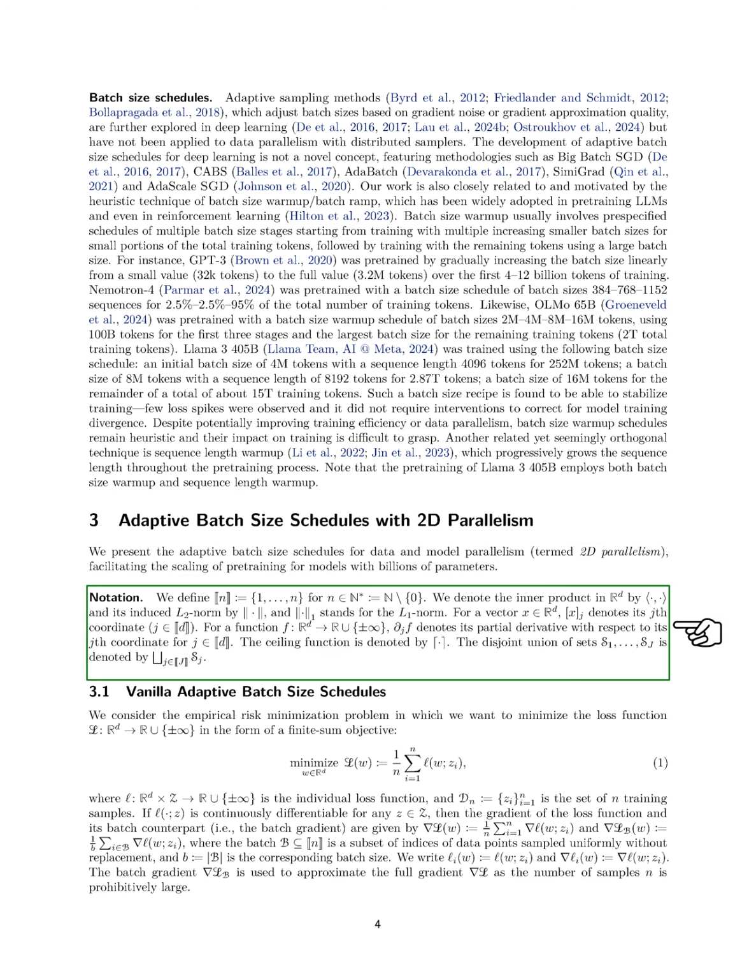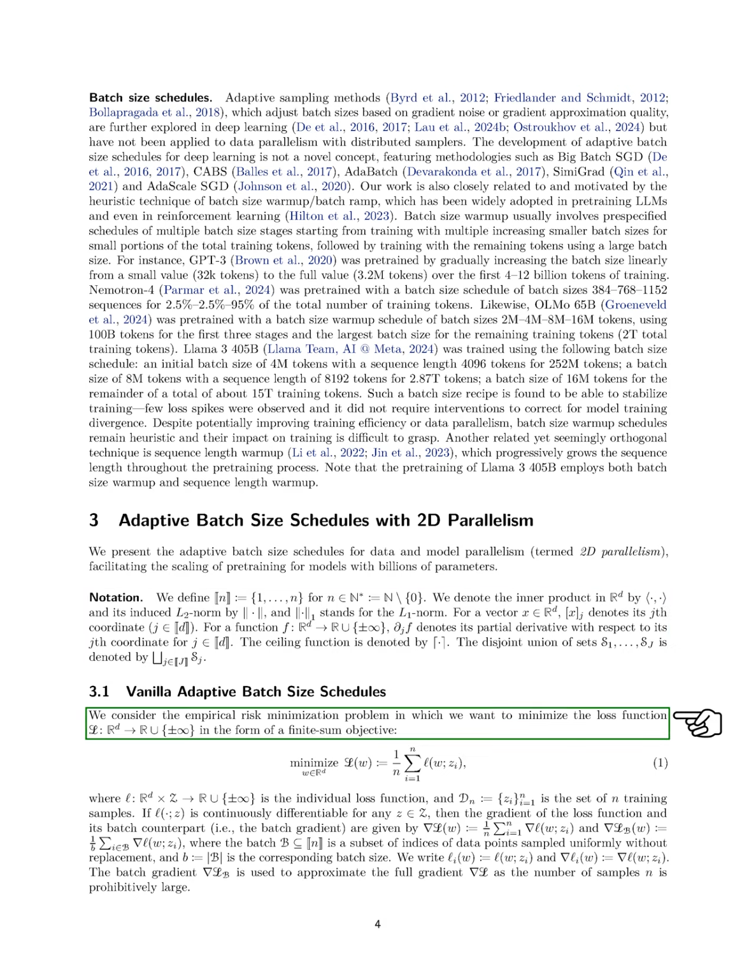We define some notations. We use a specific notation for inner products and norms, and we denote the coordinates of a vector and the partial derivatives of functions accordingly. The ceiling function and the disjoint union of sets are also defined. Next, we consider the empirical risk minimization problem, where our goal is to minimize a loss function expressed as a finite sum.